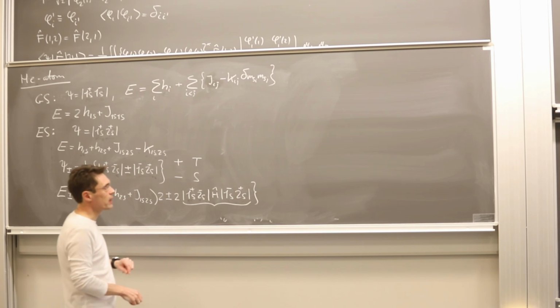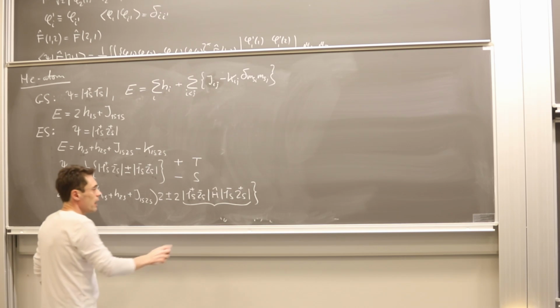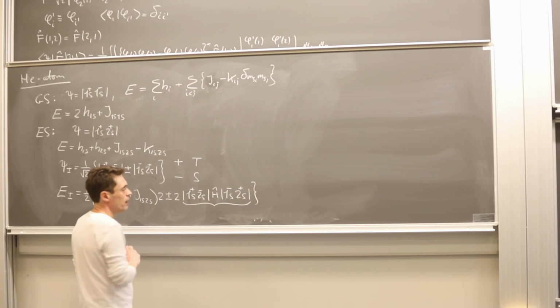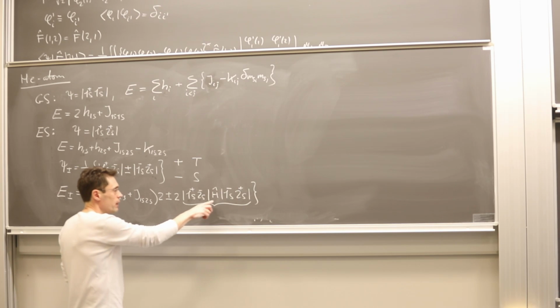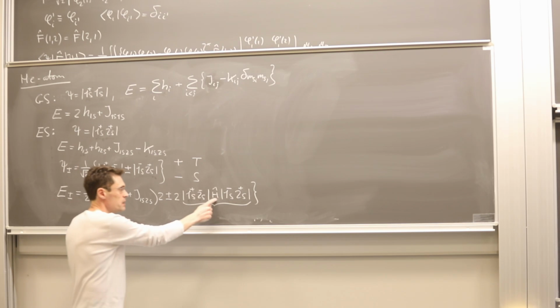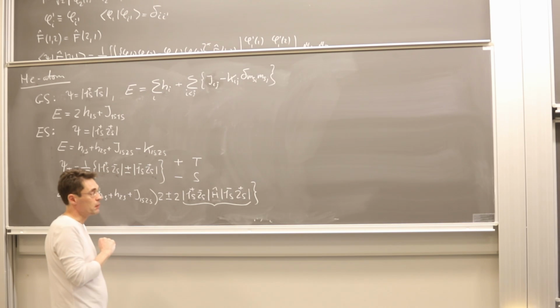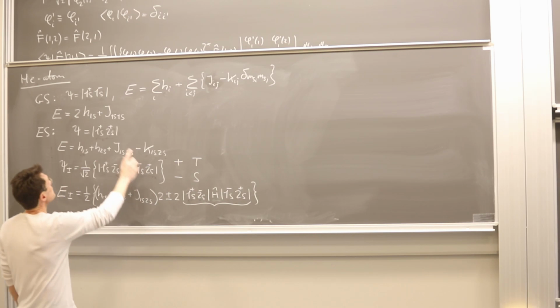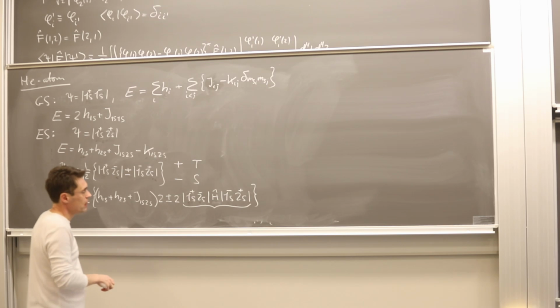So this means that when I think back to the cases I looked at already, the single body part of the Hamiltonian will give me 0, because as you might remember, if there's more than one difference in this matrix element for a single body operator, then I will get 0. On the other hand, for the 2-body part of H, I do get a contribution.